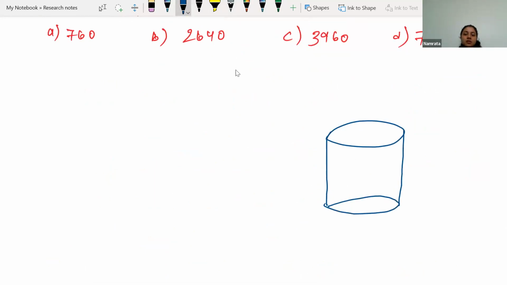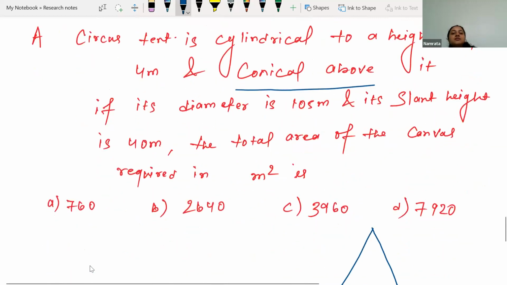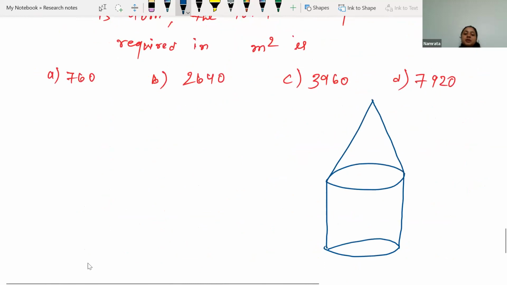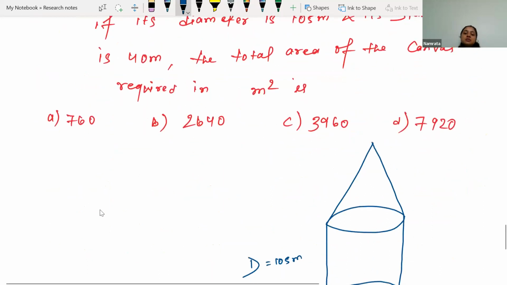This is how the tent looks, right? Now, its diameter is 105 meter, so the diameter is given. And its slant height is 40 meter. So slant height is also given. Of course, when it says slant height, we are taking the slant height of the cone only.